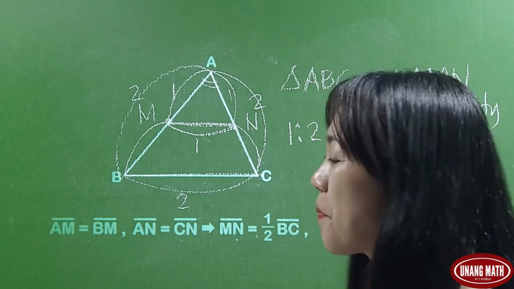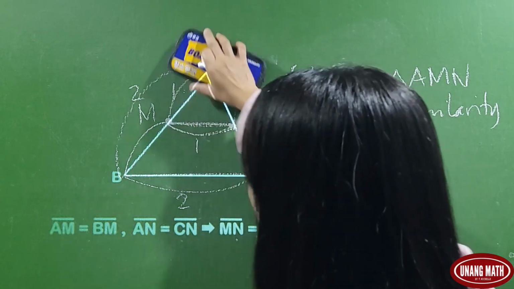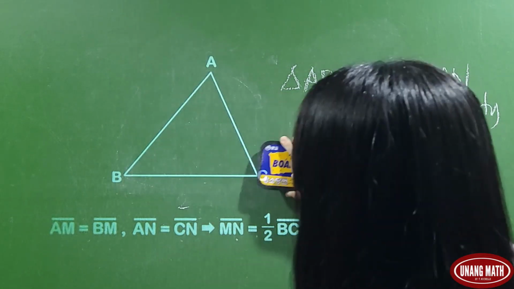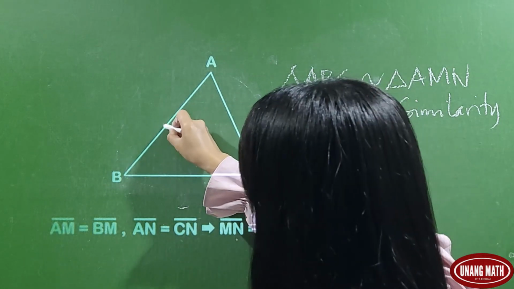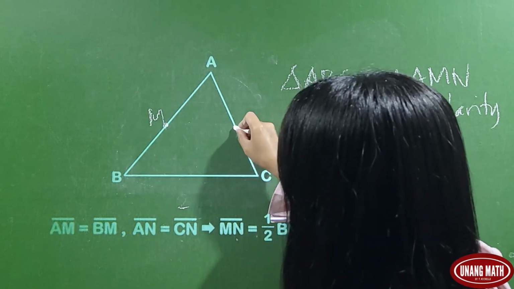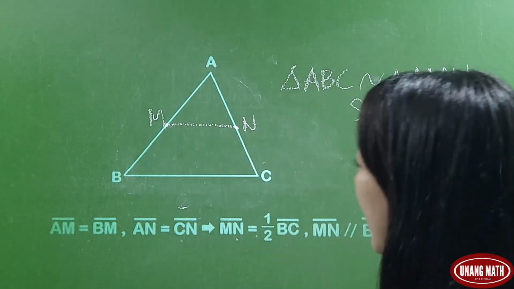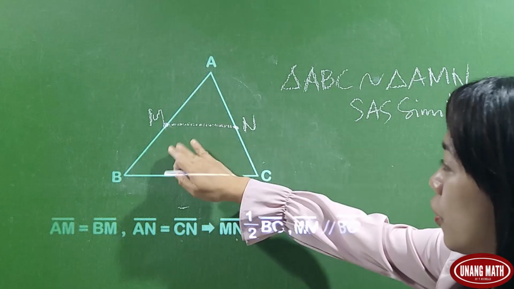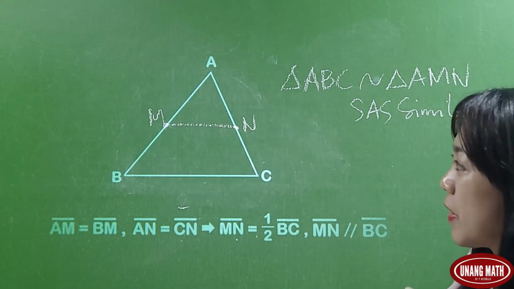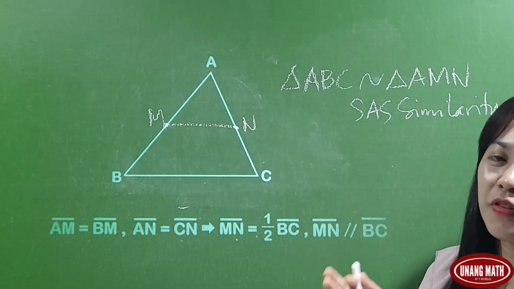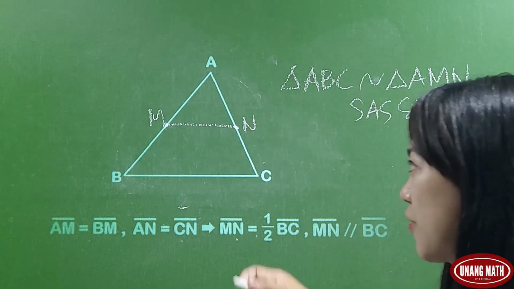Okay, and one more important concept that you need to remember is, this is point M, this is point N, midpoint, midpoint, this is our mid-segment. Since these two triangles are similar figures, the corresponding angles are equal in measure.